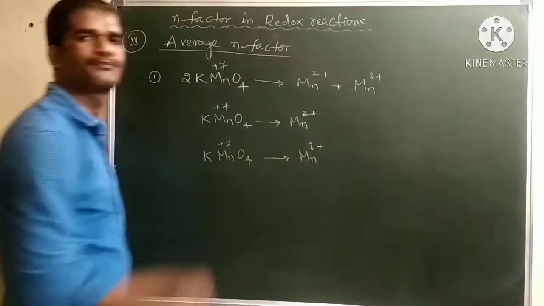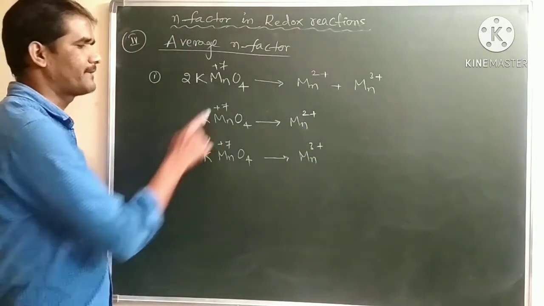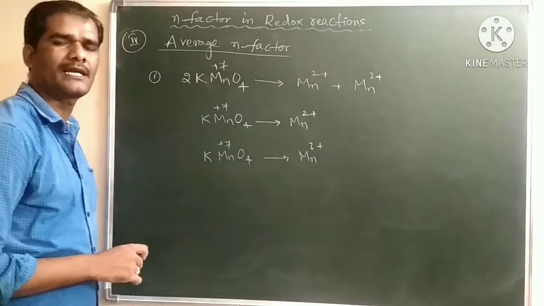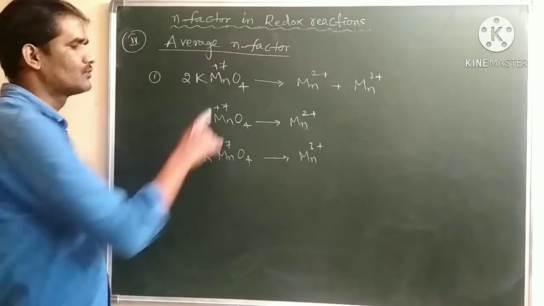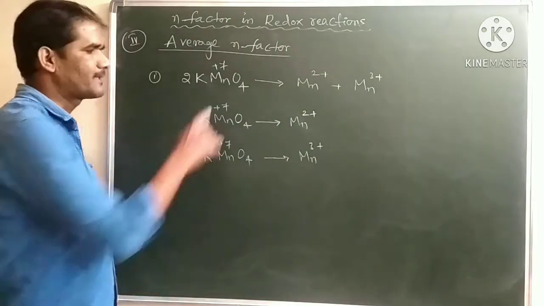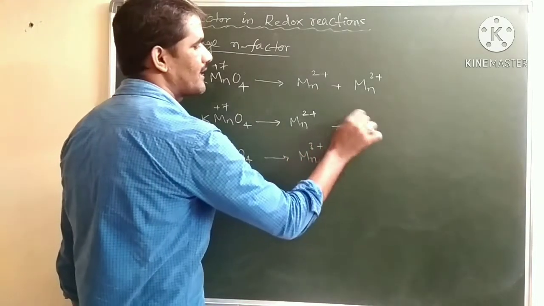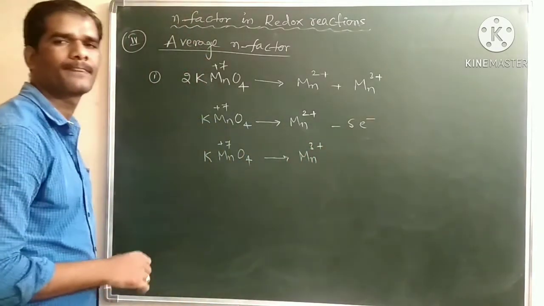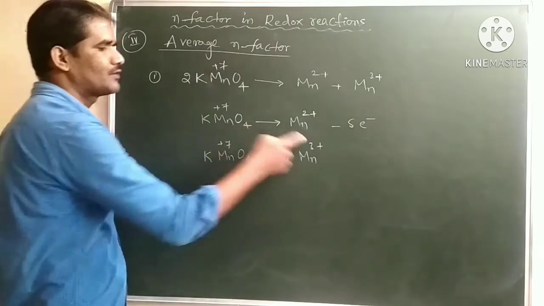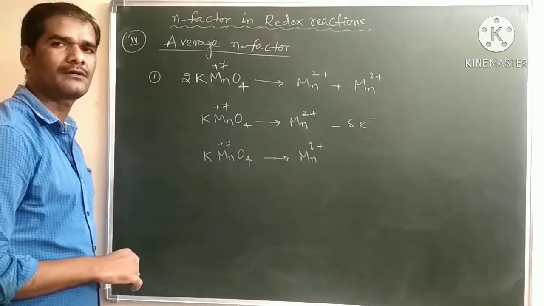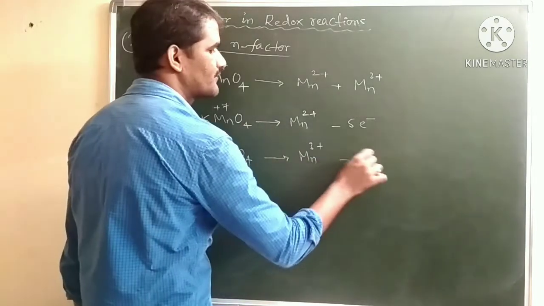Now see, in the first case, +7 to +2, the oxidation state is decreasing, so it gains 5 electrons. And here +7 to +3, it gains 4 electrons.